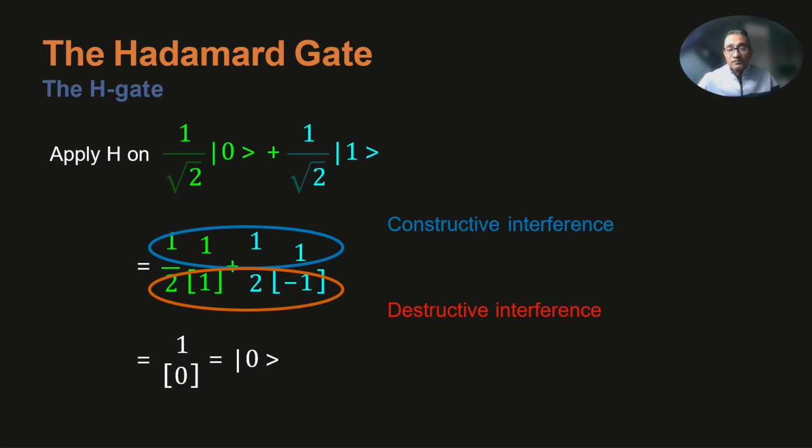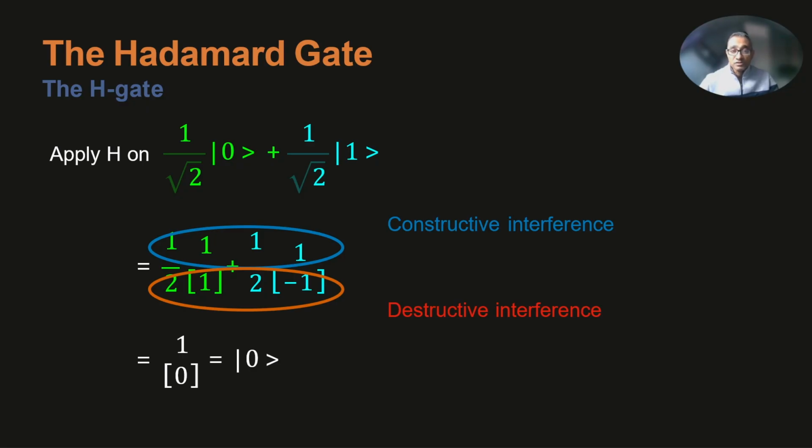This can be very conveniently looked at as some sort of constructive and destructive interference being played at the same time. So if you see, the upper circle represents where the phases, for example, get added up, being constructive interference.